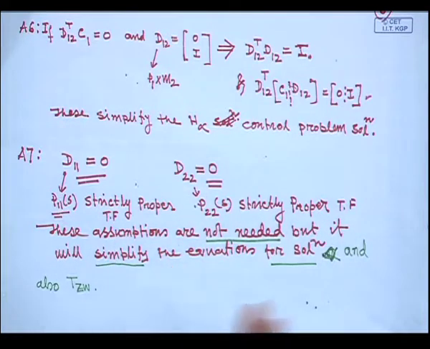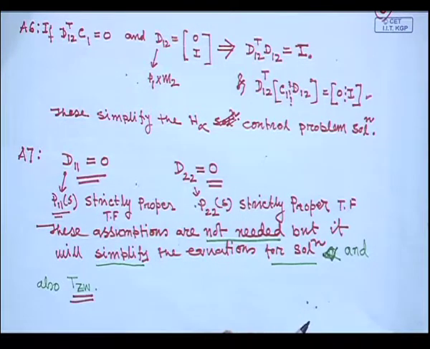This assumption, as I told you, is not needed, but it simplifies the solution of the Riccati equation and other things, and also the transfer function between W and Z. So our main basic assumptions are A1 to A4, and the other assumptions 5, 6, 7 are not essential to design the standard H infinity control problem.